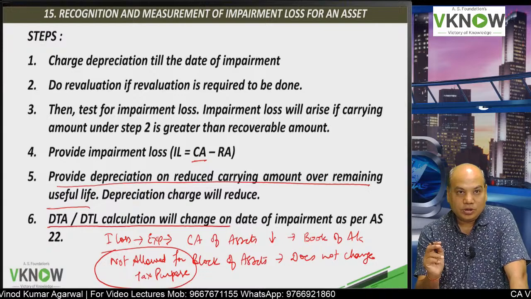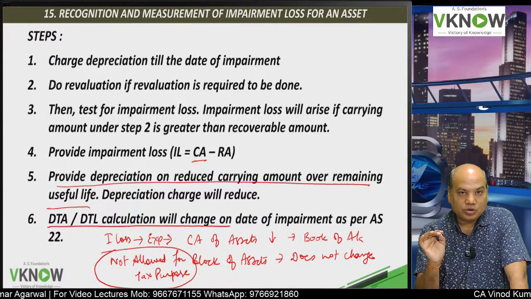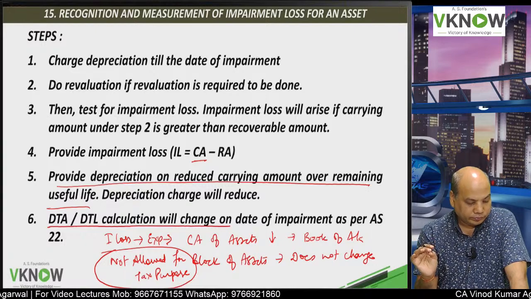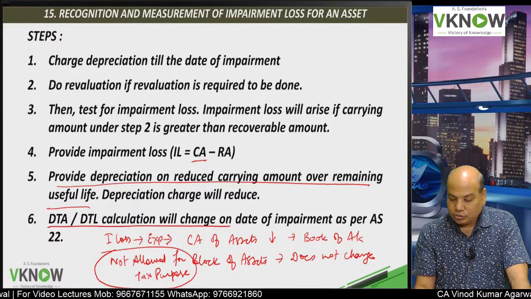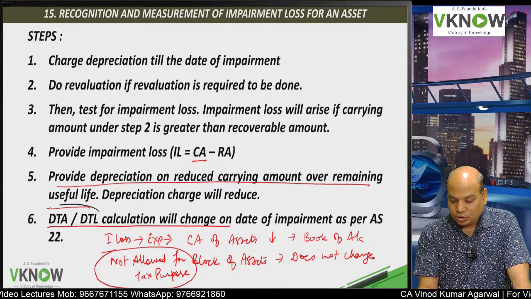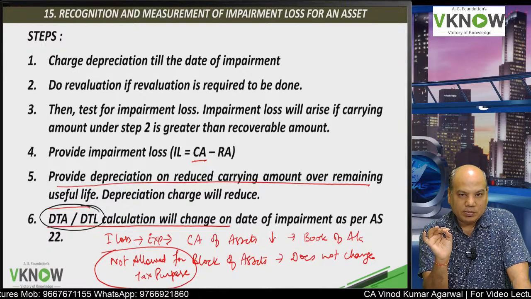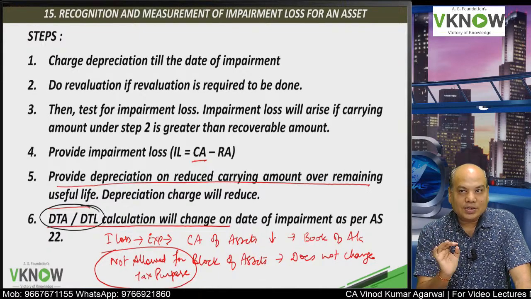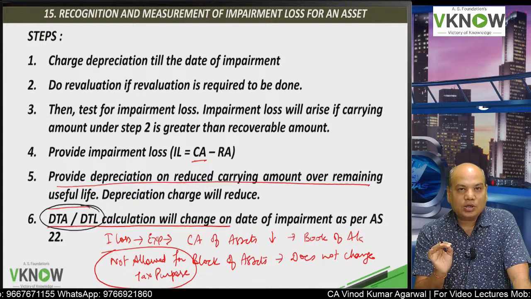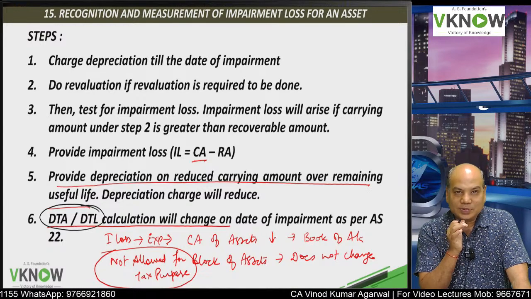The answer is no, because income tax allows only depreciation based on historical cost. So it will give rise to deferred tax asset or deferred tax liability, because impairment loss is treated as an expense not allowed in the books. You have provided in the books but not allowed for tax purpose.